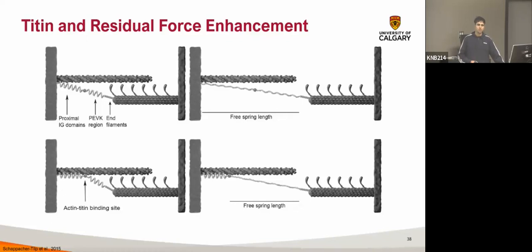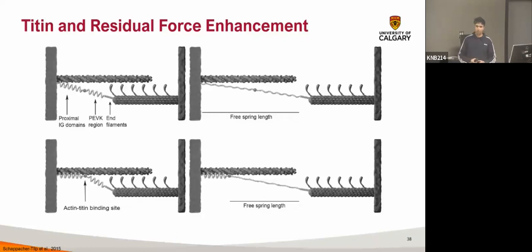I see what you're saying. You're saying this doesn't seem like an elegant solution. You're saying that based on where it binds, you would have a free spring, and then you would be able to calculate how much force it should produce to contribute to residual force enhancement.